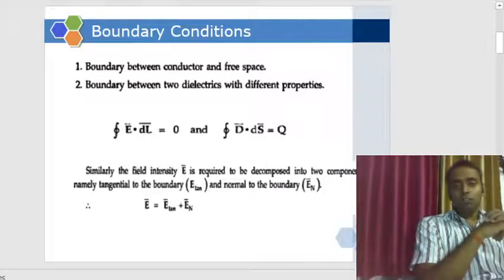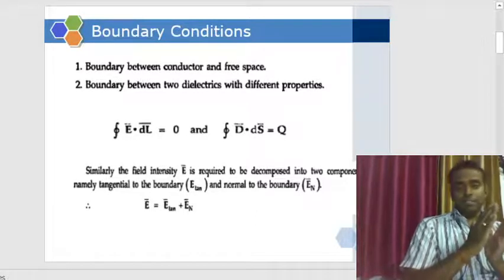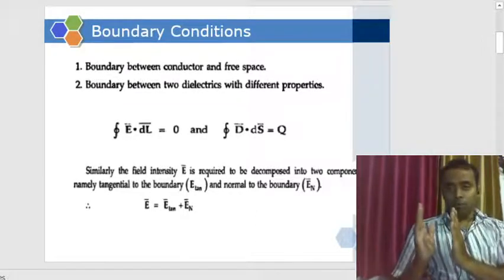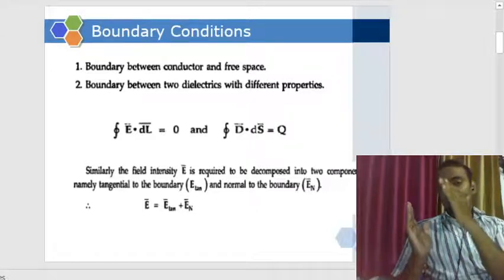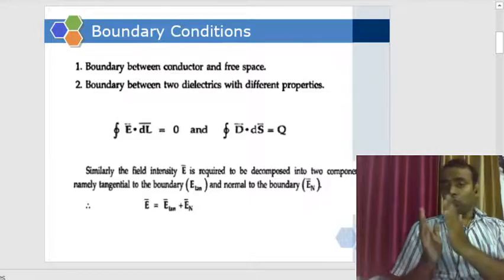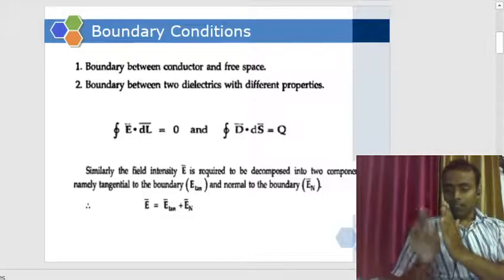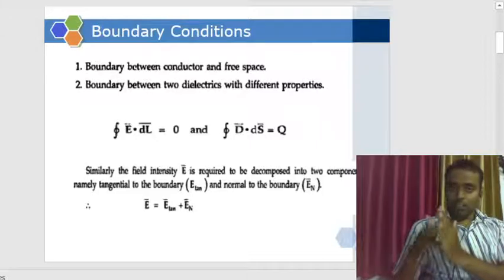So suppose we have two different materials, a conductor and a dielectric. Definitely this conductor will have a certain limit, after which the properties of this conductor will not be associated with it.